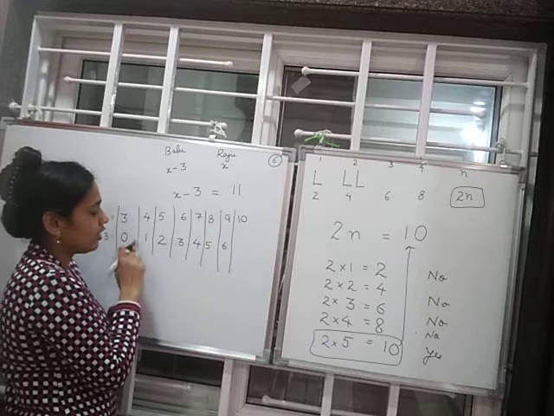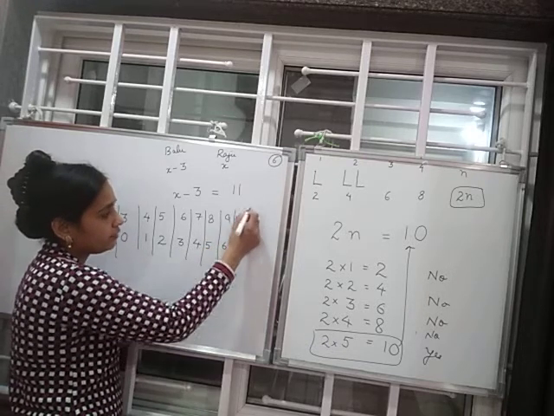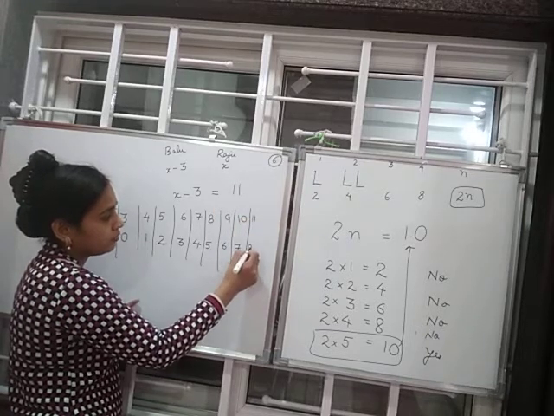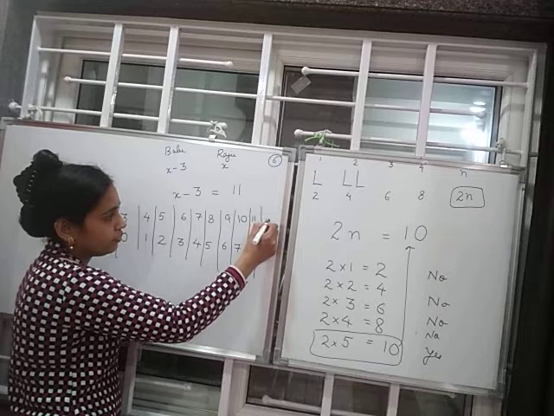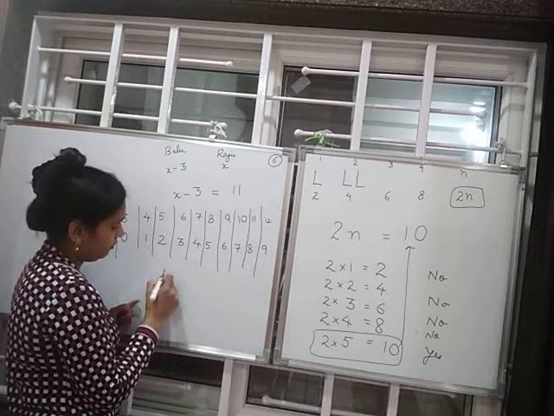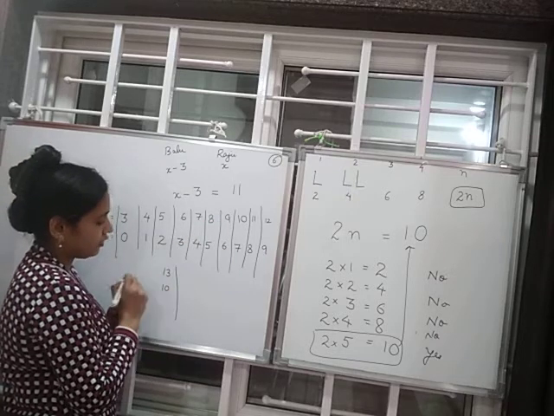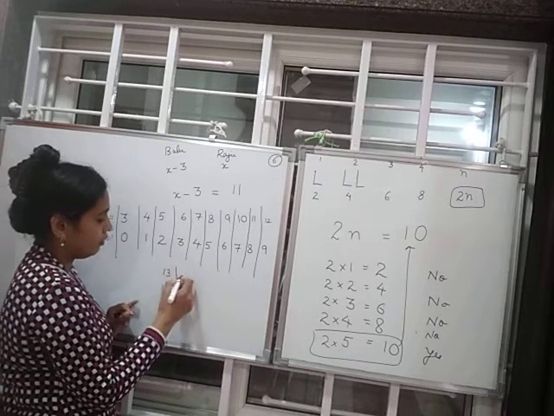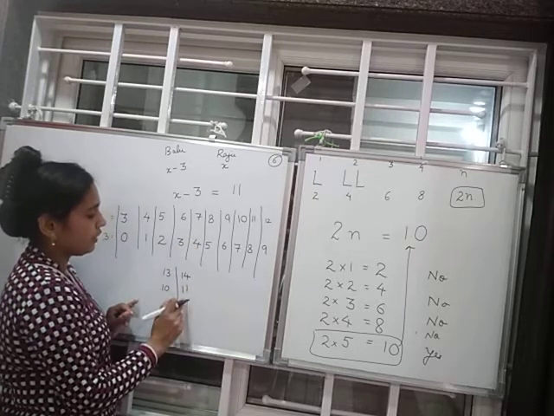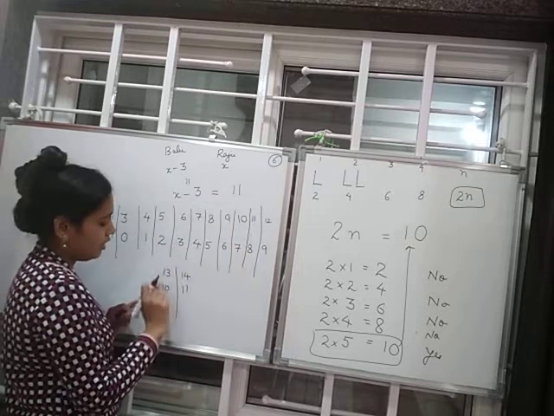As it is going 1, 2, 3, 4, 5, 6, then this will be 7. Are they matching? No. Matching? No. Matching? No. Matching? No. When x is equal to 14, then x minus 3 is 11. Then this comes 11. Are they matching?